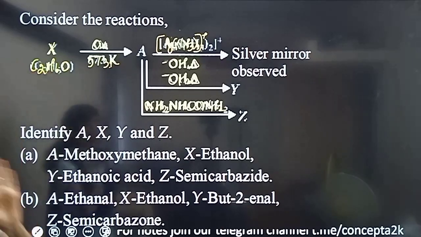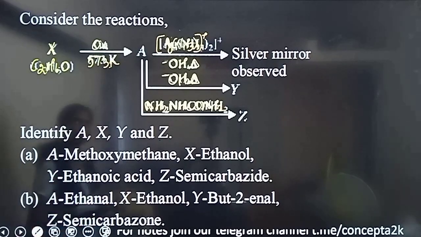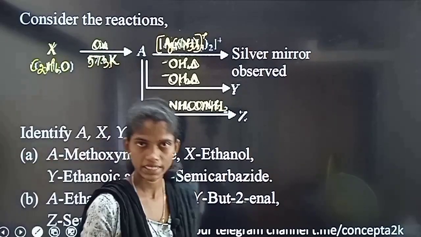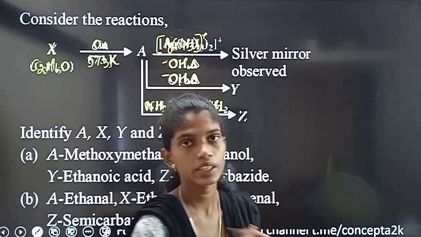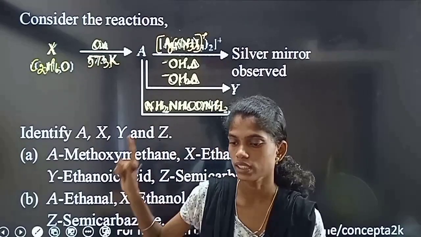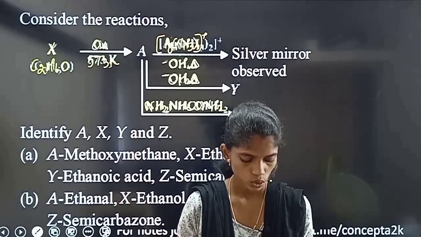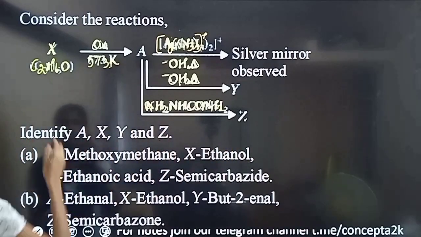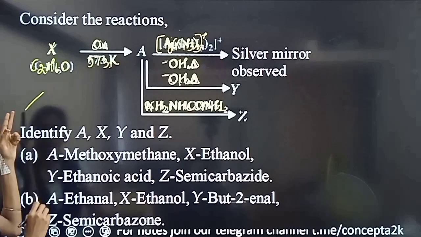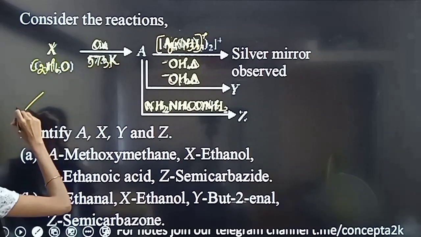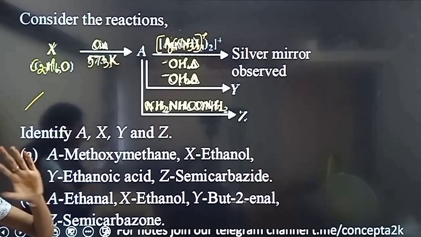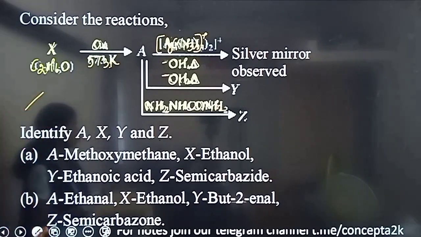So X with the molecular formula C2H6O is heated with copper at 573 Kelvin and it forms a product A. So we need to know what A is, what X is, and Y, Z. So X will be C2, carbon 1, carbon 2, with the 6 hydrogens, so here 3, here 2, and that's it.